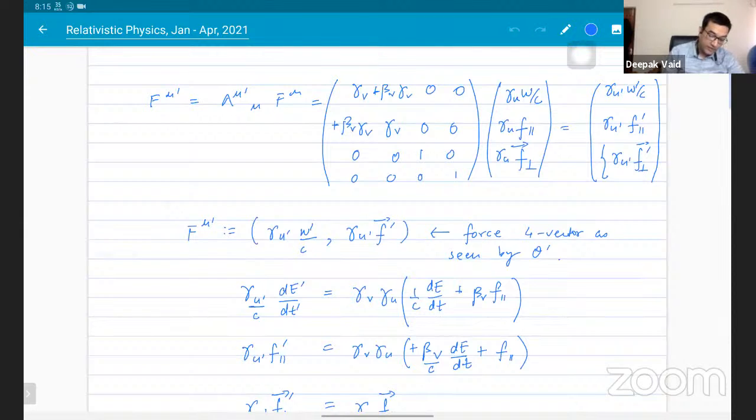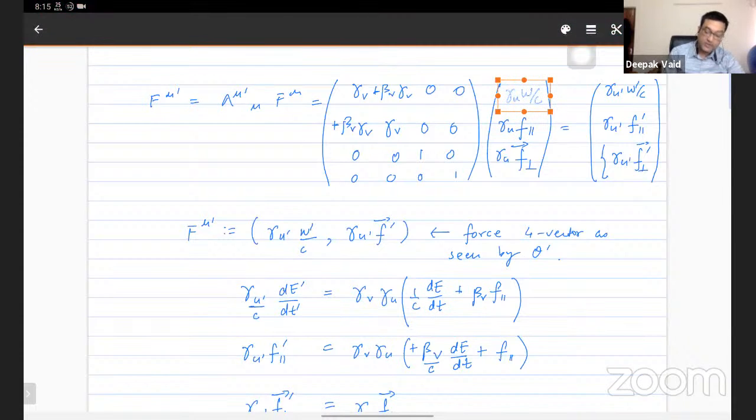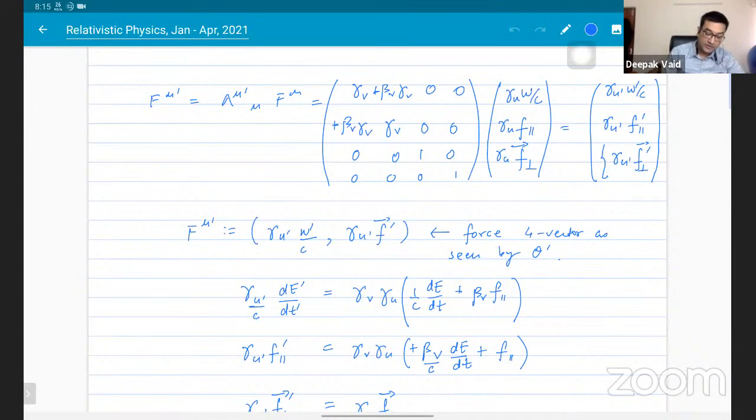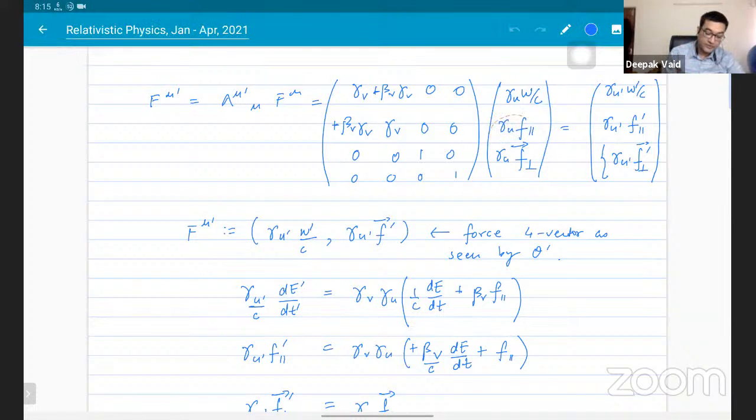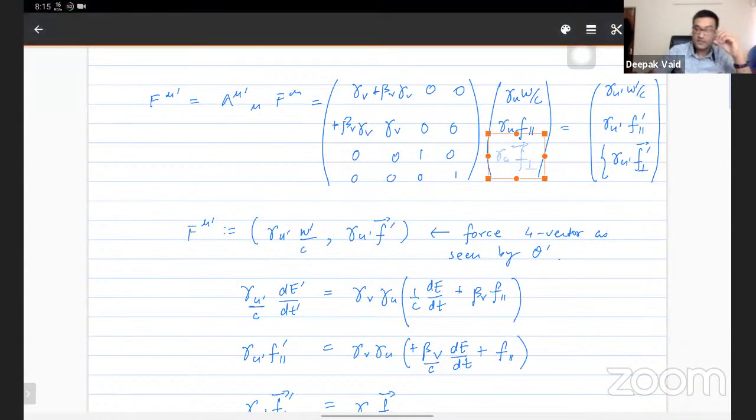So again, we look at the force and we write down the force four vector. This is the time component. Then we divide the force into the two components, parallel and perpendicular to the relative direction of motion, right? So this is the parallel component, which we normally call the quote unquote X component, right? And this is the perpendicular component, which would be the quote unquote Y and Z component, assuming the relative motion is along the X axis.